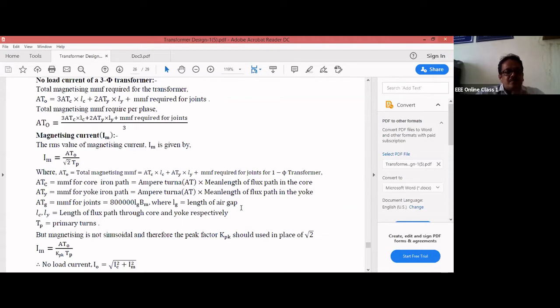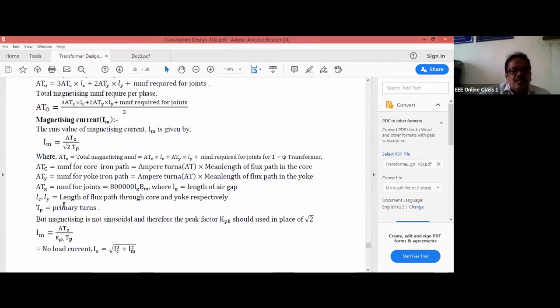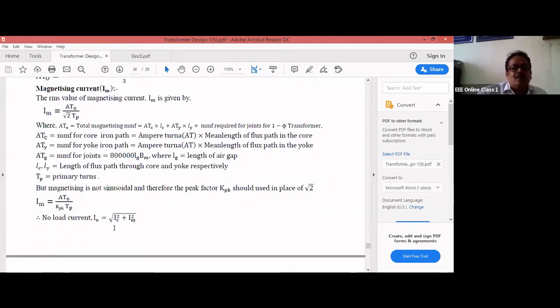Next, Lc and Ly, as we already know, are the lengths of the flux path through the core and yoke respectively. So the total AT0 is ATC into Lc plus ATY into Ly plus the MMF required for the joints. Once you calculate AT0, and you know the turns of the primary, I can calculate Im. Once I calculate Im, I can calculate the no load current I0, which is equal to the square root of Ic squared plus Im squared.